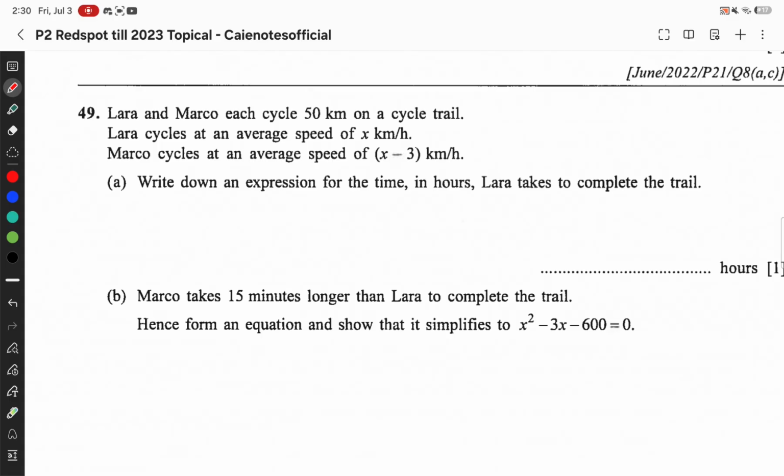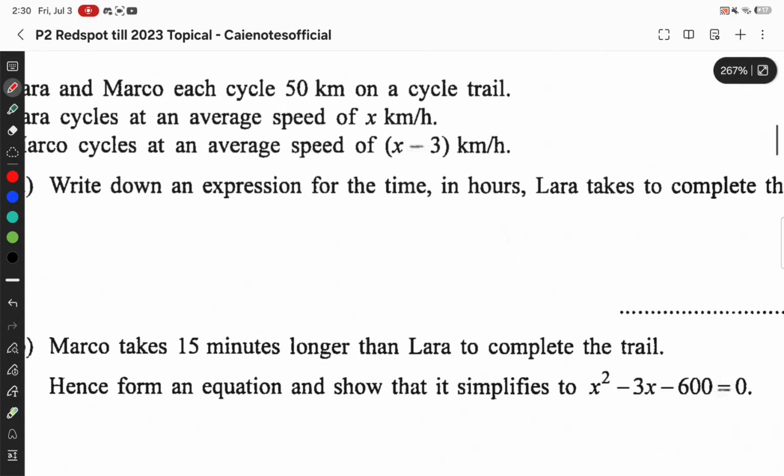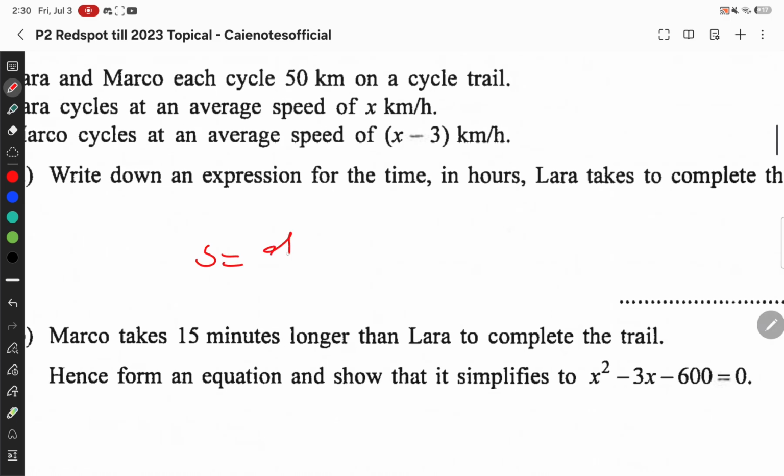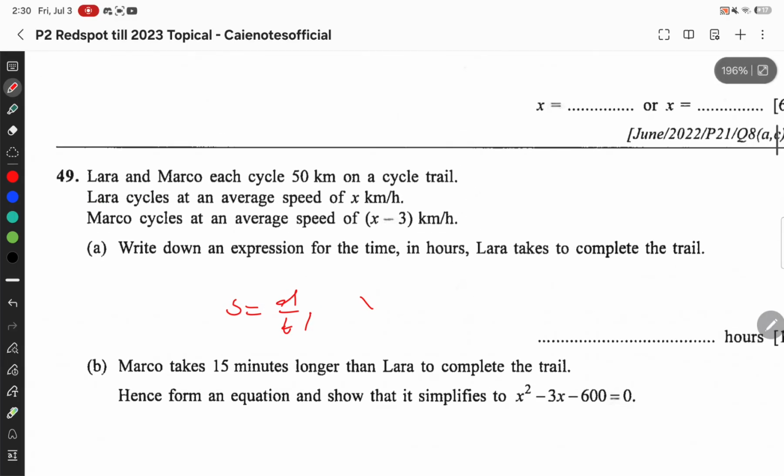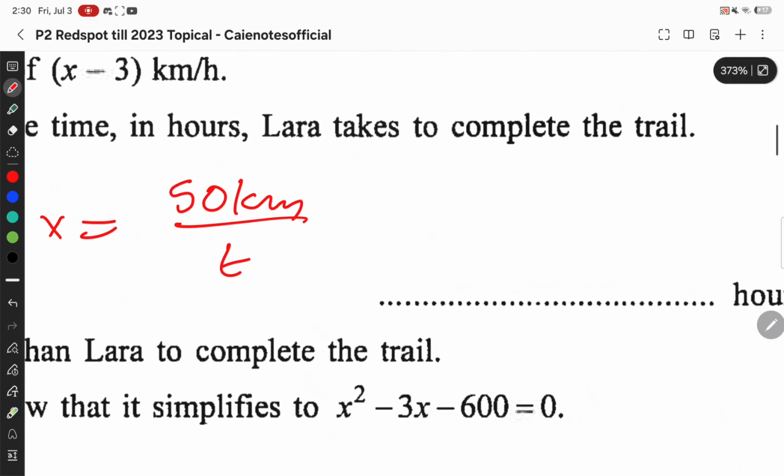Write down an expression for the time in hours Lara takes to complete the trail. Now speed is equal to distance over time. Time is in hours, distance is in kilometers, and speed is in kilometers an hour. It's simple dimensional analysis. Now for Lara, you have speed x, distance 50 kilometers, and we have no time, so we solve for time.